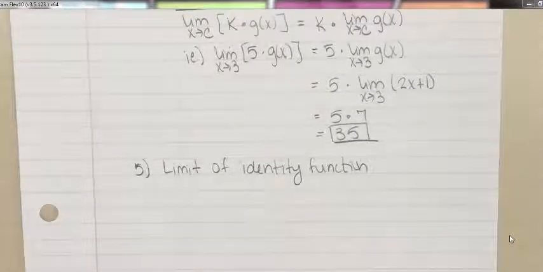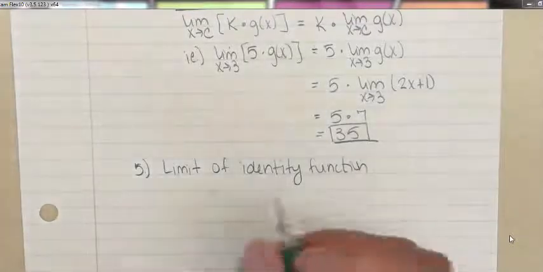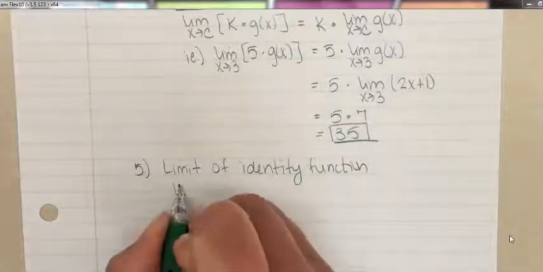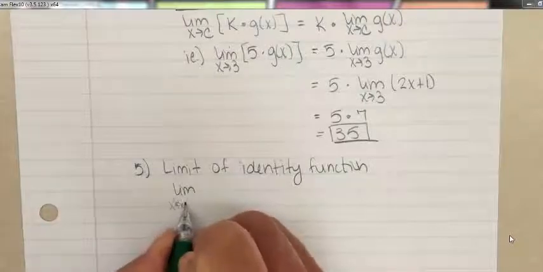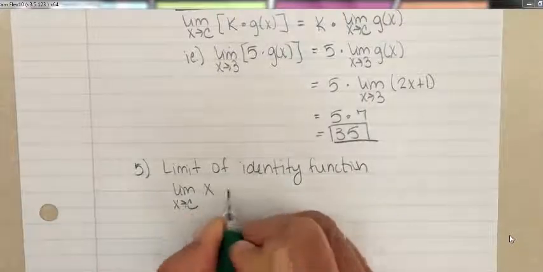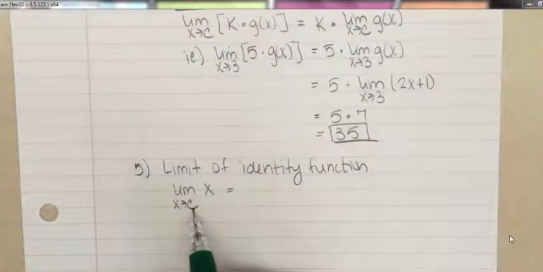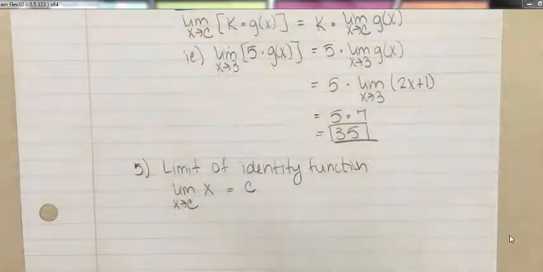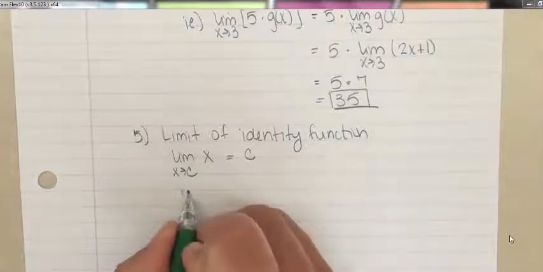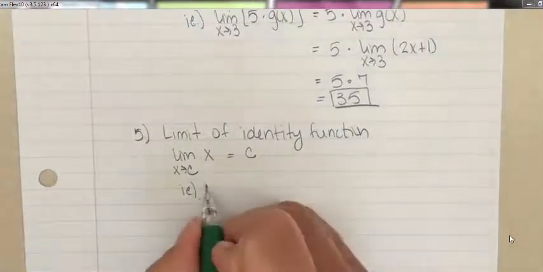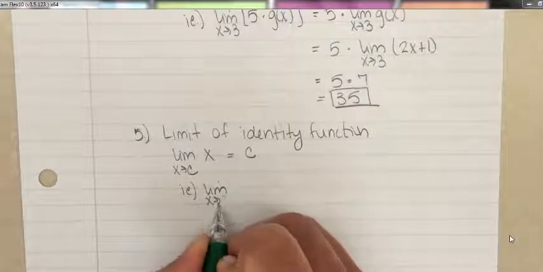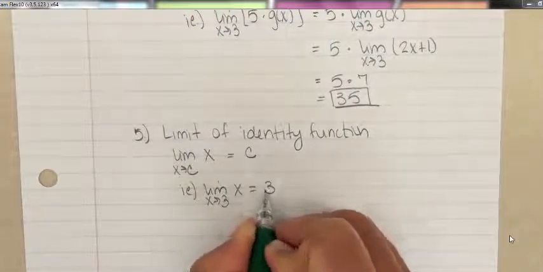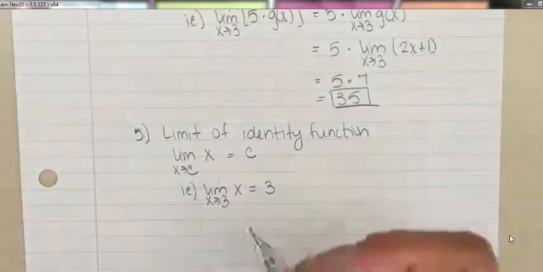There's nothing happening to that variable. So here, let me show you what that looks like. The limit as x goes to c of x. Well, if I plug c in for x, I'm just going to get c. So for our little example, the limit as x goes to 3 of x is just going to be 3. And it's that simple.